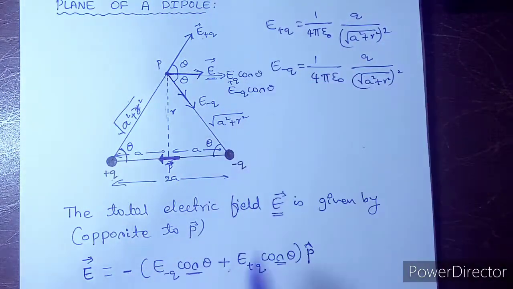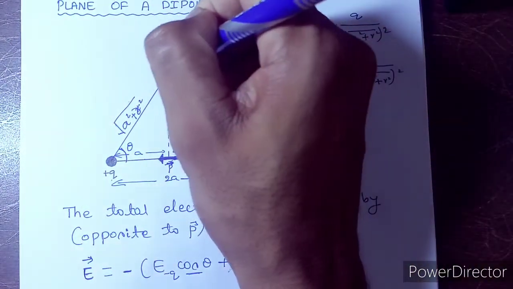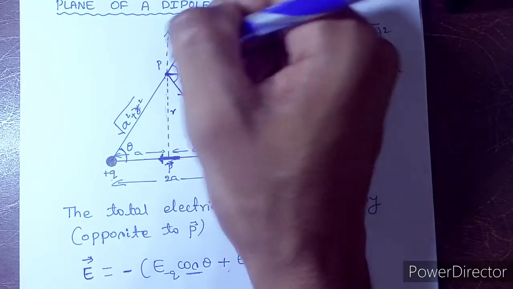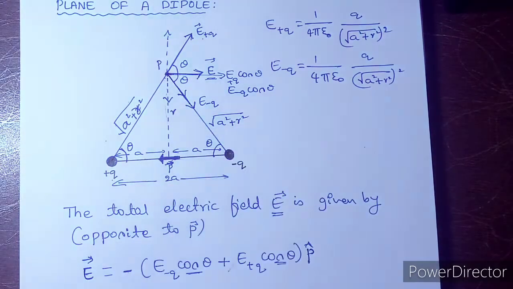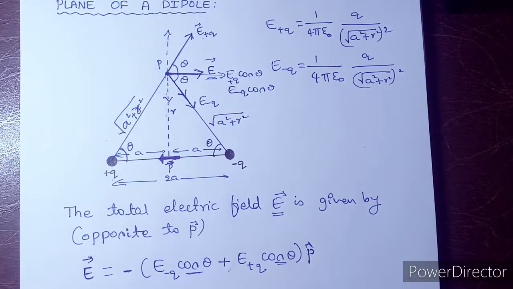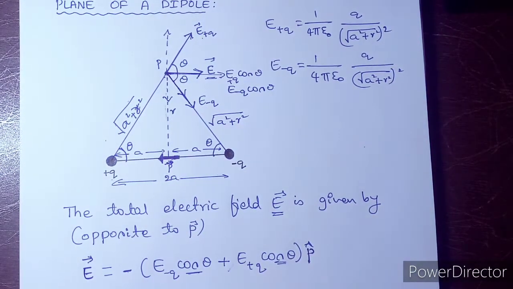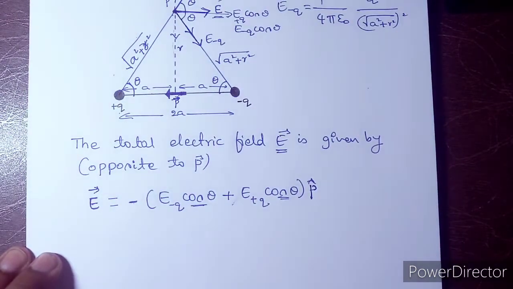So when you add them, you will get this. But along this direction, the electric field due to the positive charge will get cancelled with the electric field due to the negative charge. So we are not considering them. So that's why we'll get this. We have to consider cos theta.